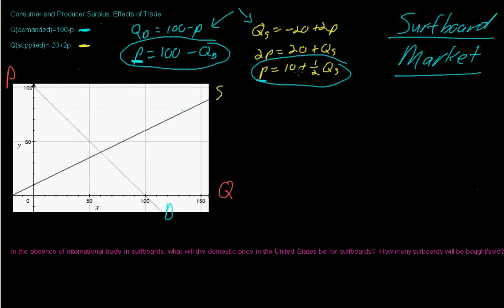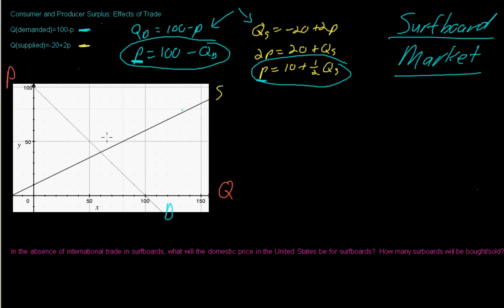So before we go any farther, we're just going to do a basic review of how many surfboards are sold and at what price. To find that, we find where supply intersects demand, where there is an equivalence, the price that will clear the market for surfboards.